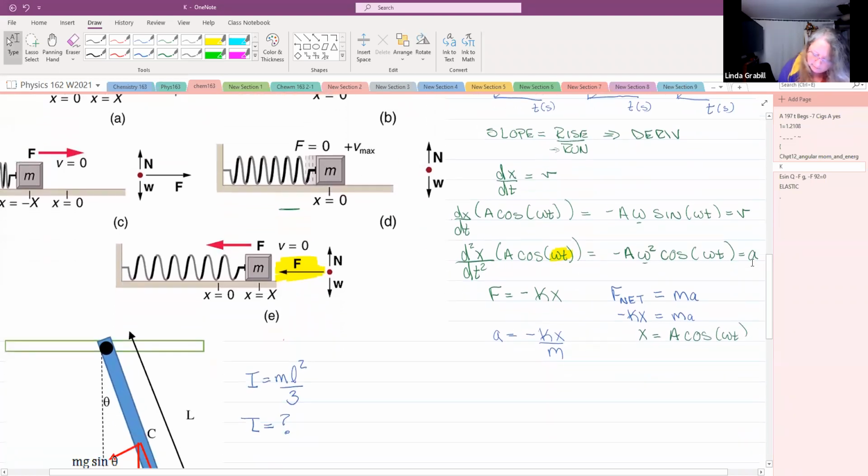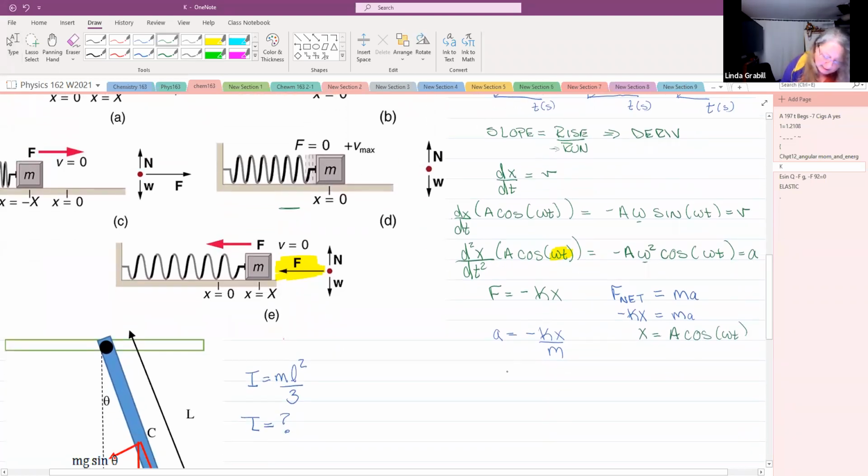So I can rewrite a as negative k over m times A cosine omega t. Now I have acceleration here and acceleration here, so I can set those two things equal to each other. Does anybody disagree with that?